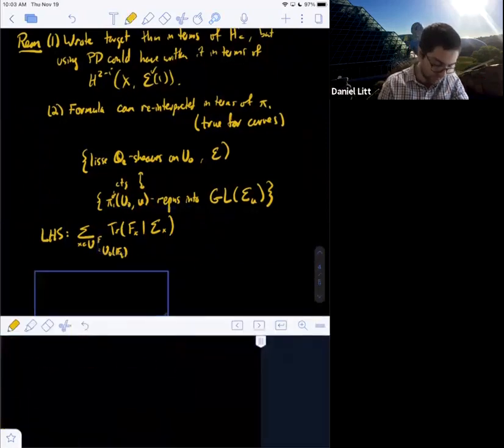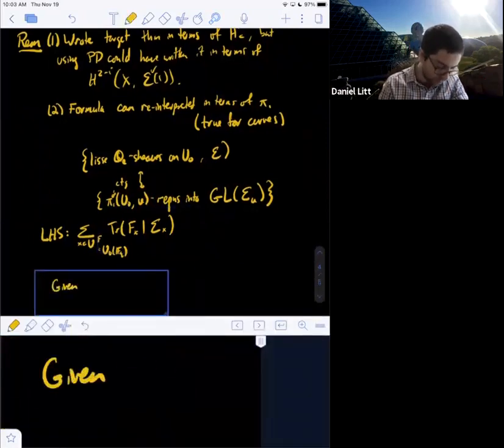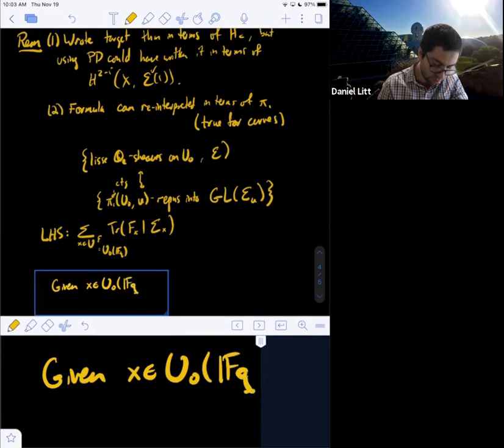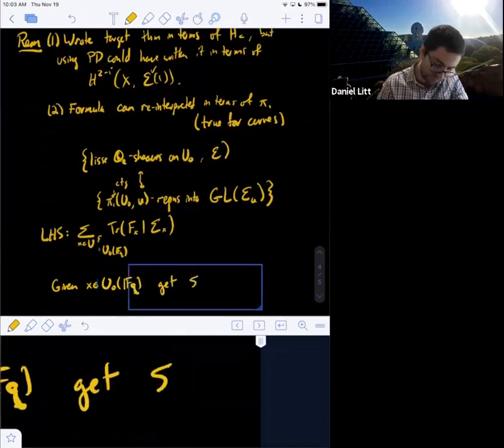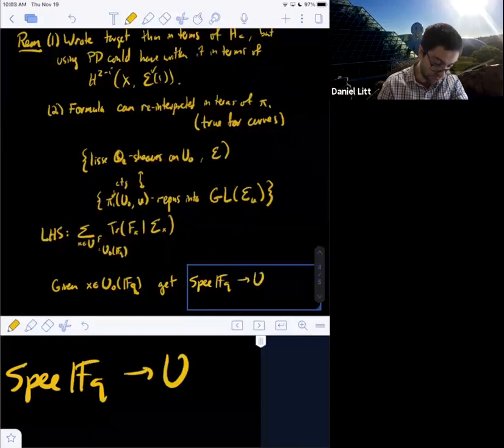So given an element x in U naught of FQ, we get a map. This is the same as a map from spec FQ to U naught, right? That's just what a rational point is.